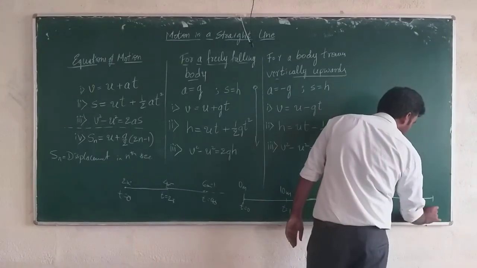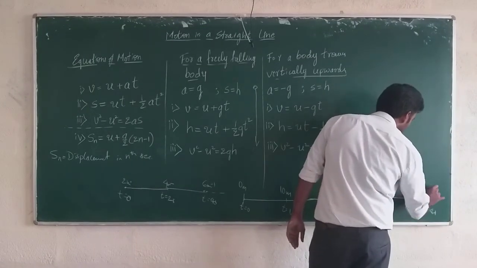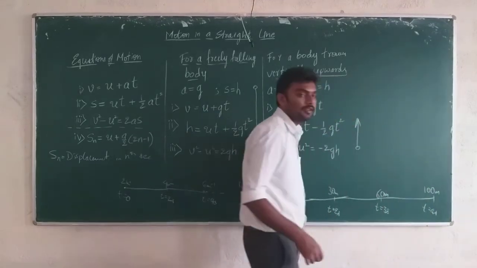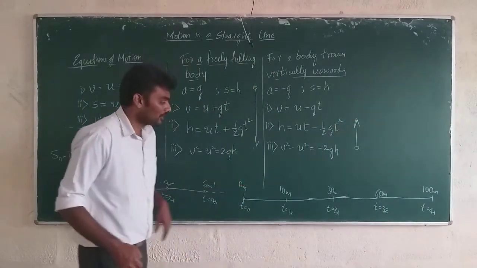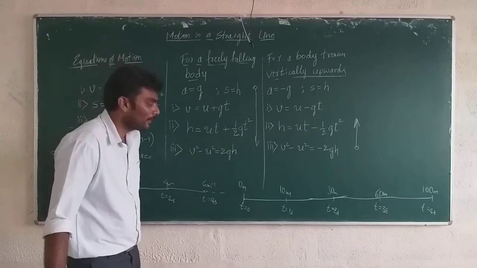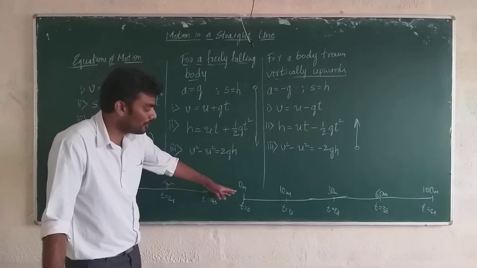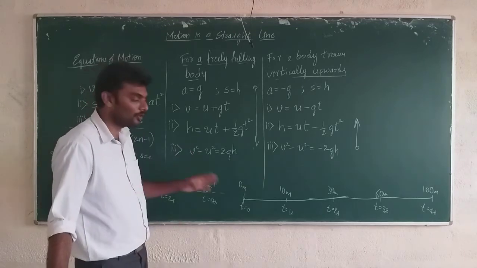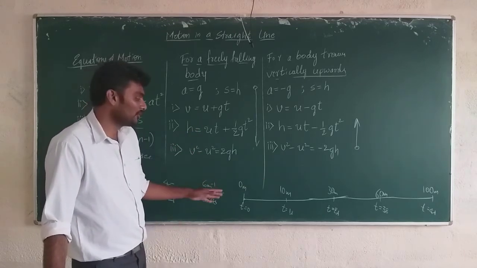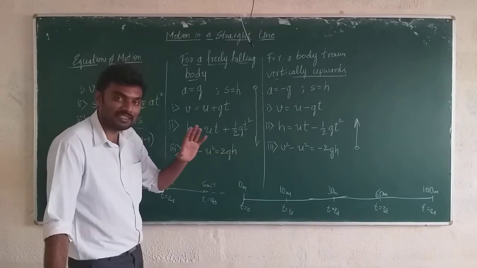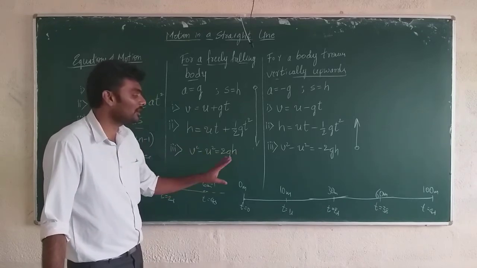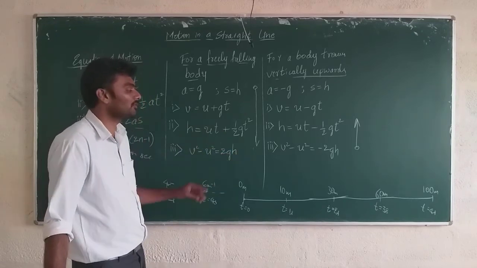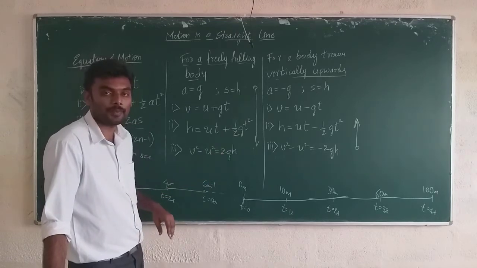After 4 seconds, 100 meters. So for this kind of situation, we know exactly what the displacement is after each second. After 1 second, 10 meters. After 2 seconds, 30 meters. After 3 seconds, 60, like that.